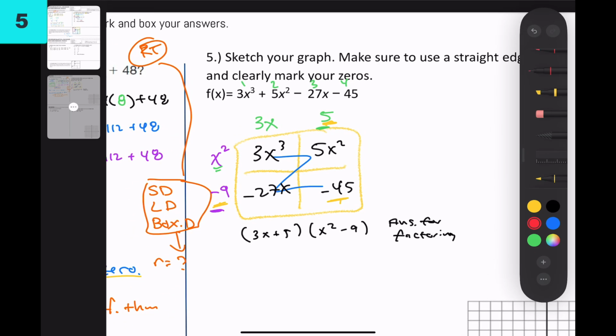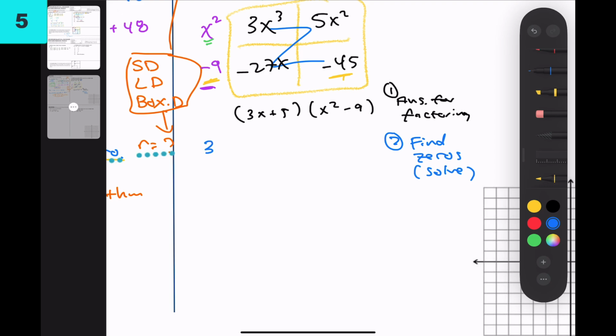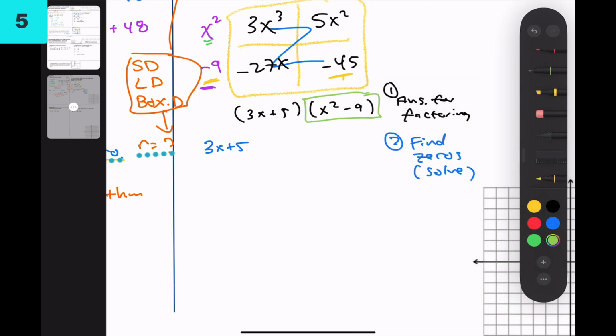Okay, the next thing I have to do, so that's 1. The second thing is zeros. Find zeros essentially means solve. Okay, so let's do that. I'm going to set each of these equal to 0. Now, I notice I forgot to finish factoring this one. This one is going to be x squared plus 0x minus 9, negative 9, 0, 3, and negative 3.